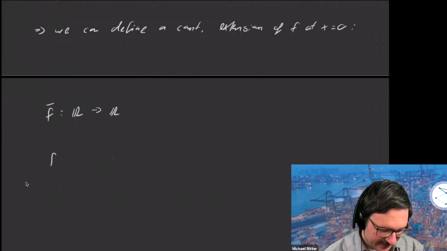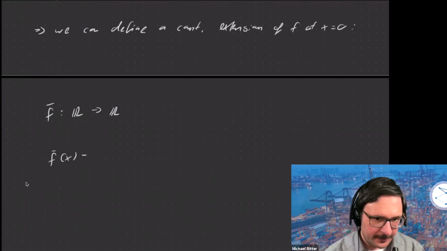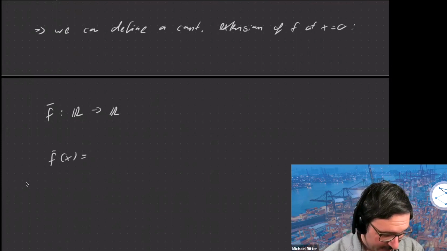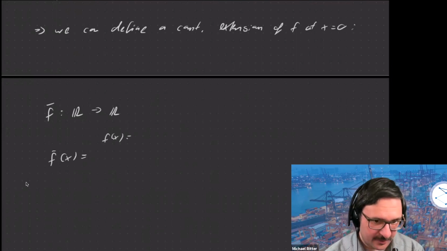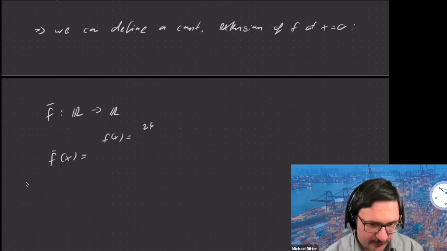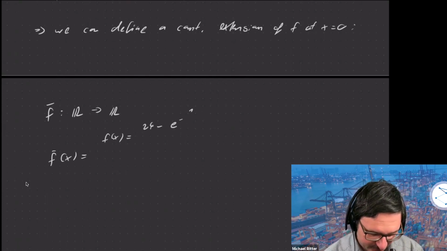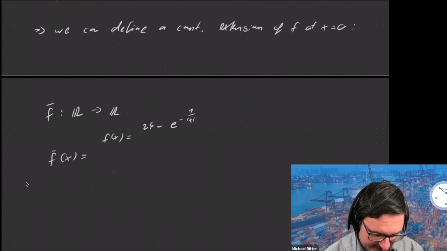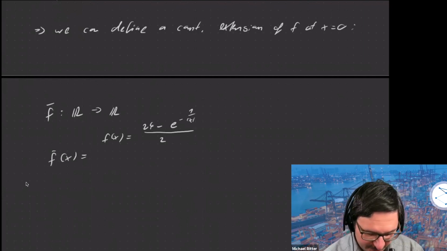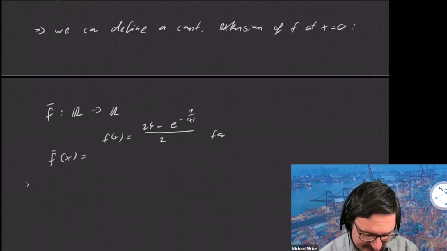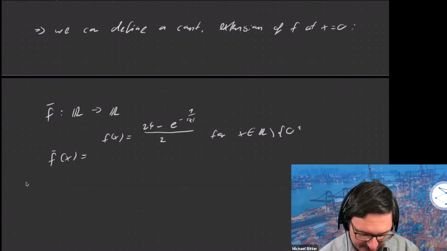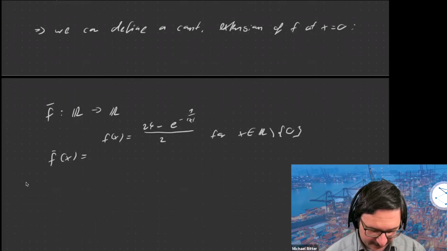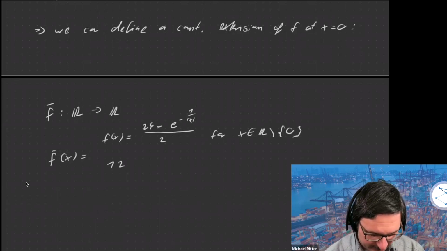And it's defined as f bar of x equals, well, either f of x, which is 24 minus e to the minus 1 over absolute value of x, over 2, and that's true for x in R not equal to 0. Or it's 12, and that is true for x equals 0.